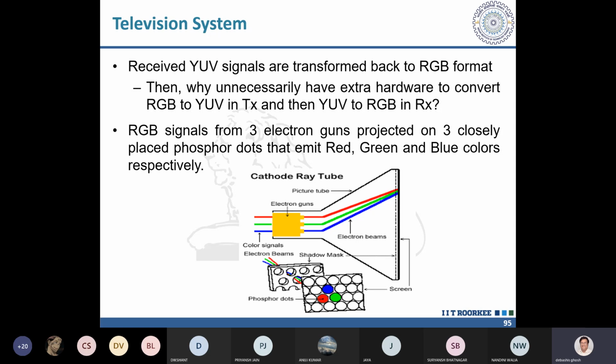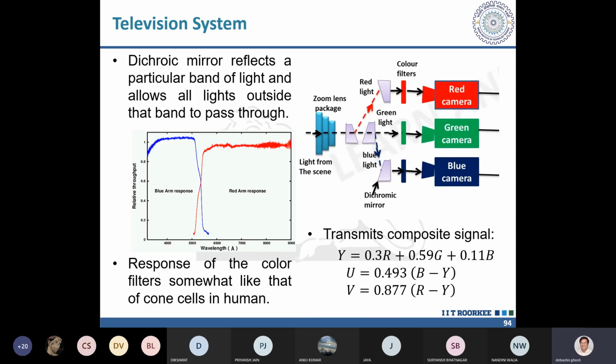You cannot change the existing monochrome TV set, because every person would have to spend money to change it. Whereas you can make a new color television set where you can reconvert YUV to RGB, you can make that provision there. So that was the idea, and that's why this YUV signal was made. Now if you see, why are we taking this particular weightage?